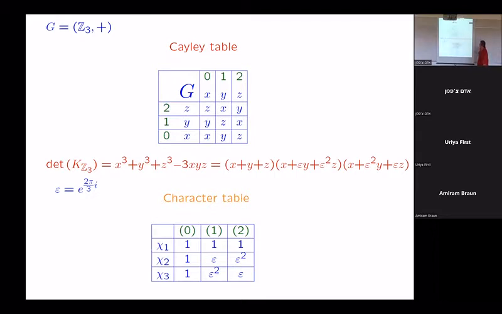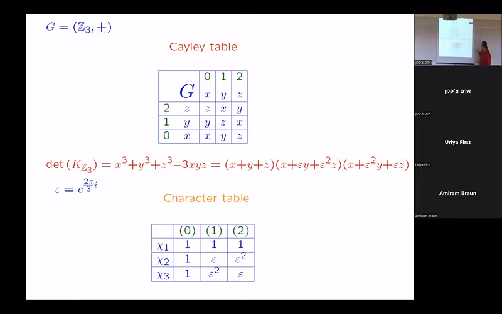So you could compute the determinant of this matrix, what is called the group determinant. This will be the following polynomial of degree 3. And then this decomposition found by Dedekind looks as follows, where epsilon is a certain root of unity. So you could figure out this decomposition in many different ways.